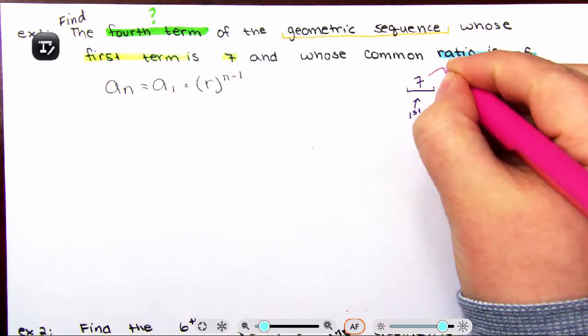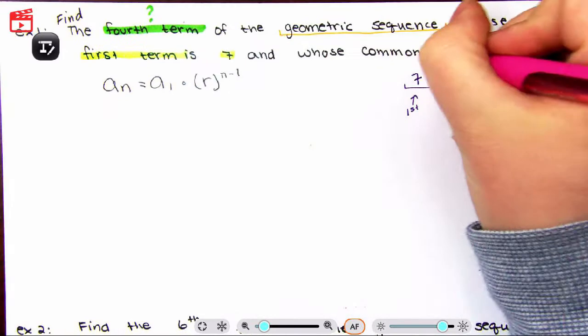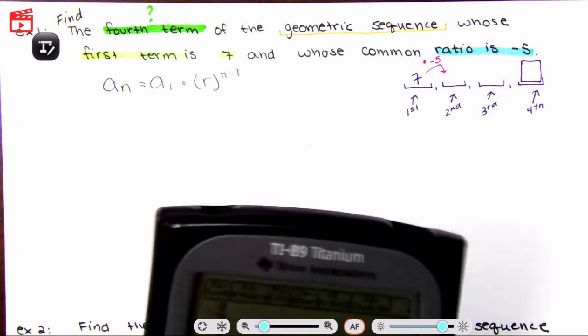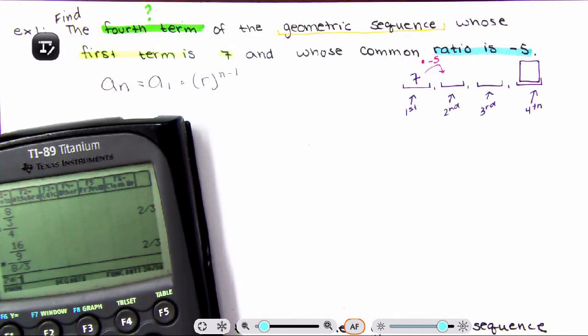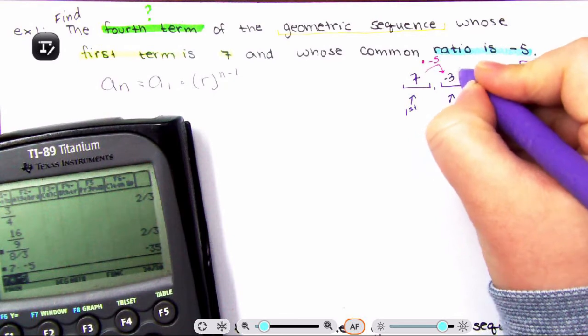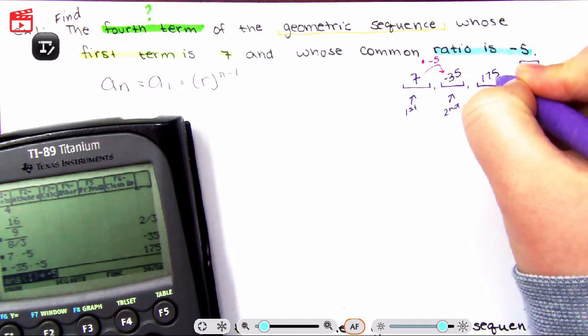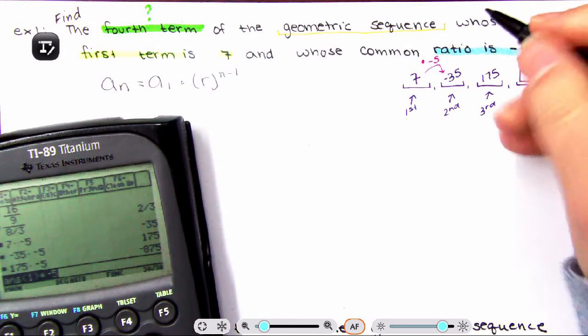So if you wanted to, you can just use your calculator and figure this stuff out. It's really not that bad when you're being asked something of smaller numbers. So I have -35. Let me change my color. And then we're going to multiply by -5 again, which is 175, and multiply by -5 again, which is -875.